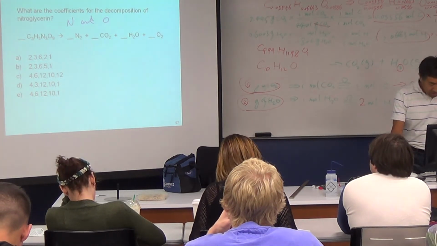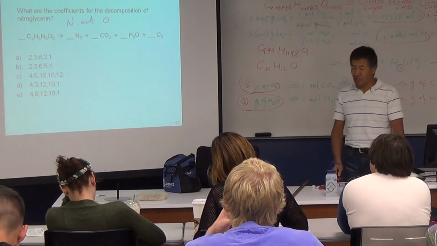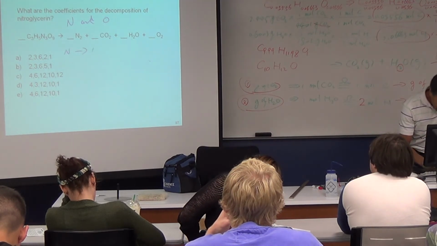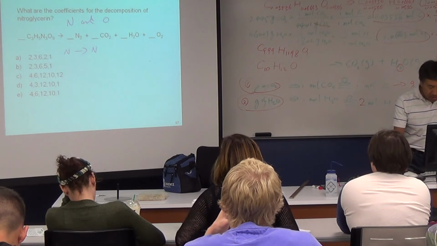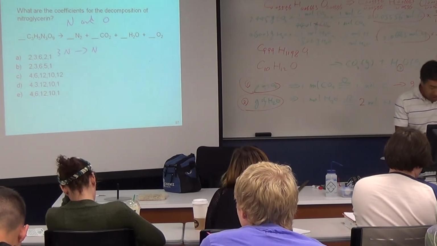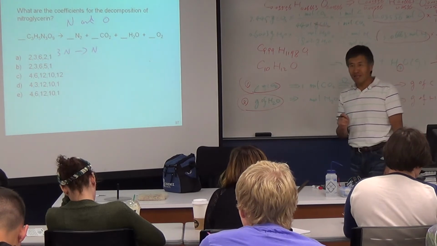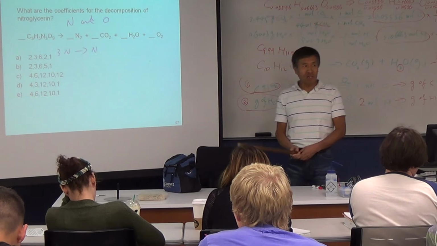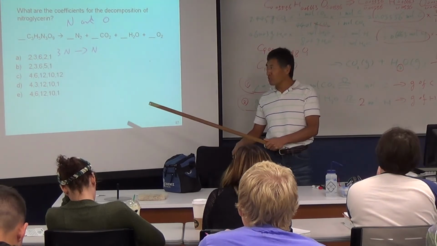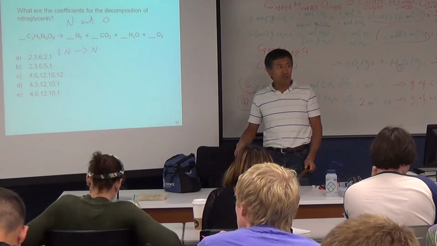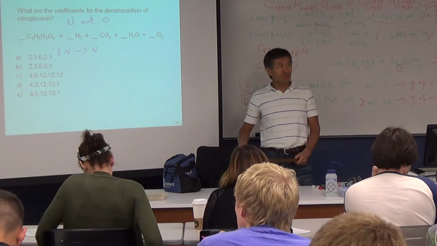Now how many N do we have on the left side? 3. So you want to balance this N as 3 without changing anything else. That is the advantage of those elements that are by themselves. What would be the best choice to make 3 N on the right side?